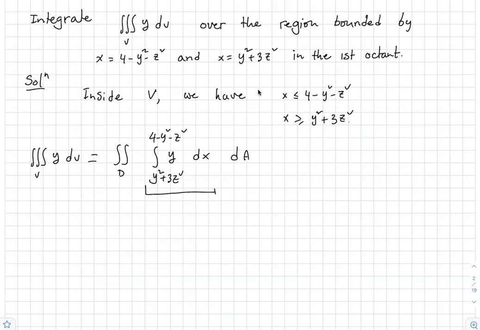The inside integral is easy because we are integrating y with respect to x, so y remains constant, and the integration will be just 1 dx, which is x, with limits y square plus 3z square to 4 minus y square minus z square.